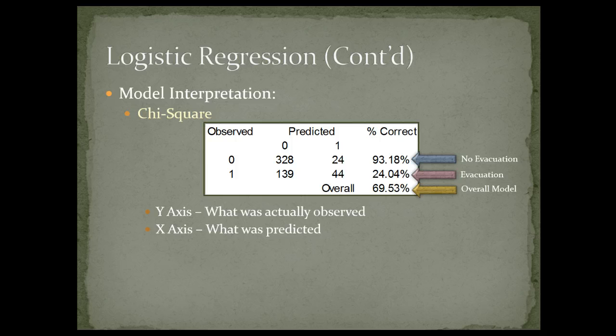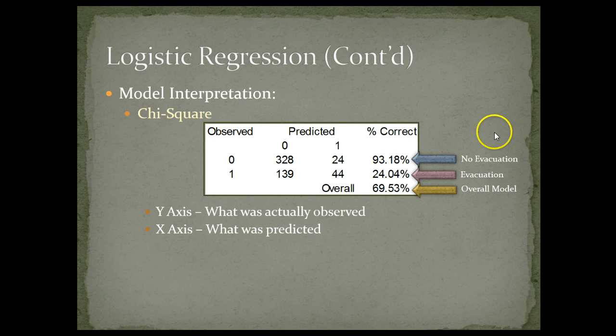So, in order to test the validity of the model, we can look at what's called a chi-square. And here, on the left-hand side, is what was actually observed, and on the right-hand side is what the model predicted. So the model predicted no evacuation correctly 93.18% of the time. That's very good.